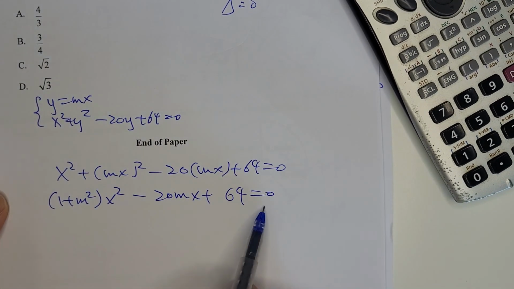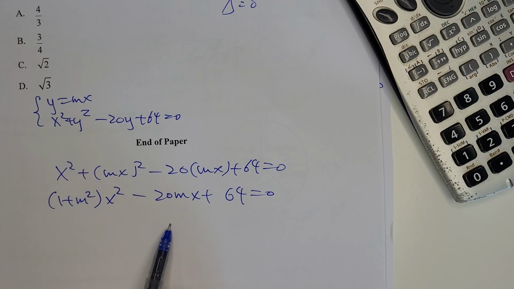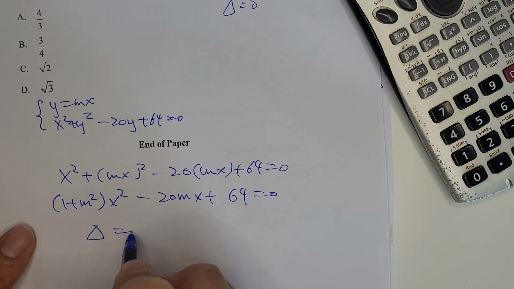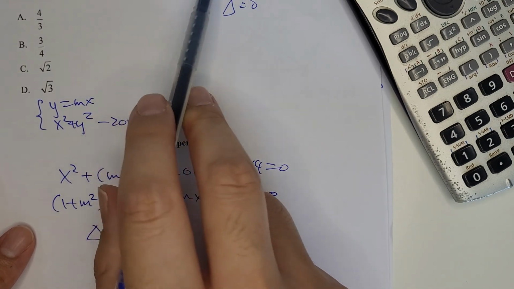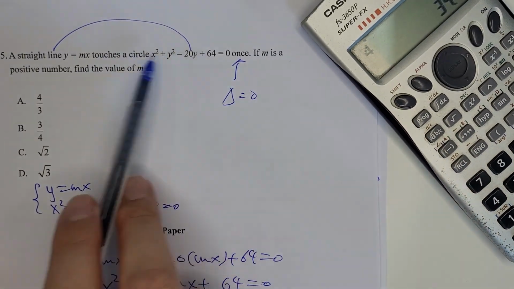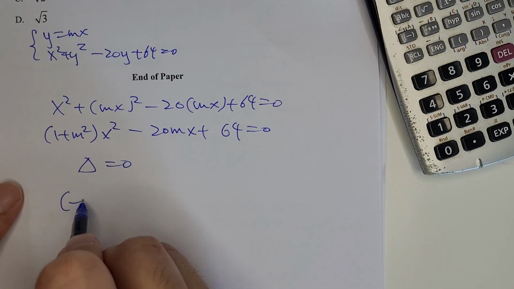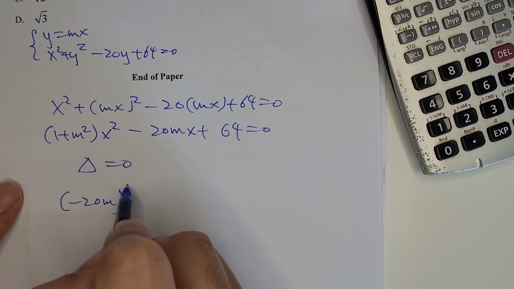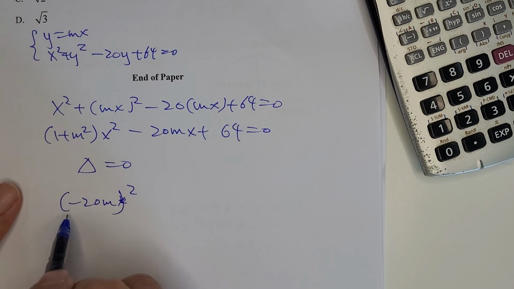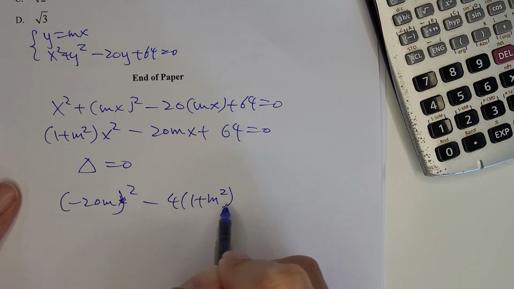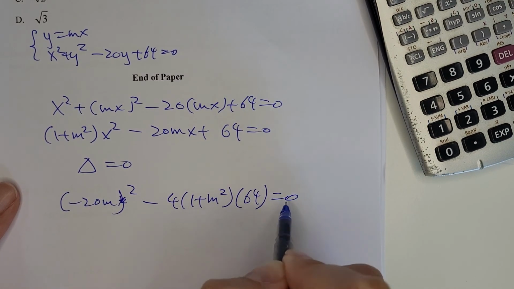Since this equation is solving the x-coordinate of the intersection of these two lines, therefore the discriminant equals 0, as the question tells you that these two lines just touch once. Okay, so here you can set b squared minus 4ac equal to 0, where b is negative 20m.